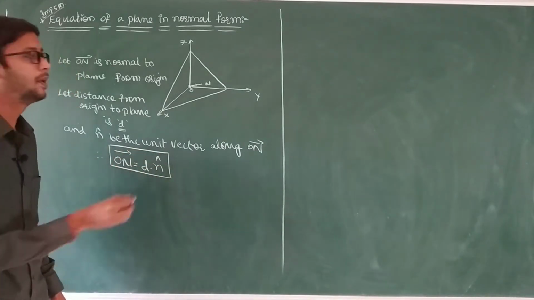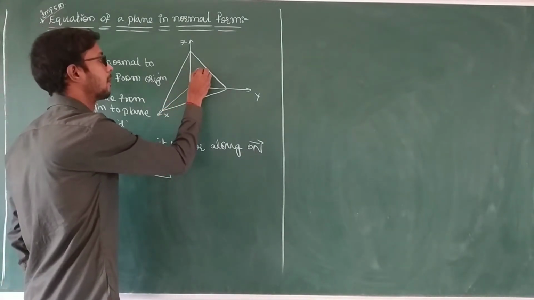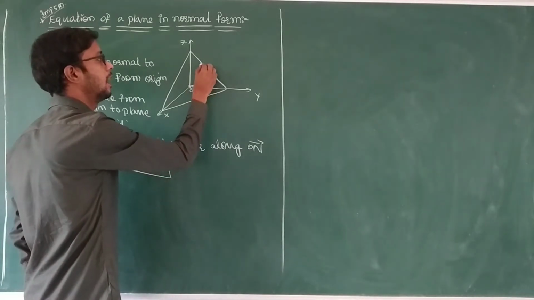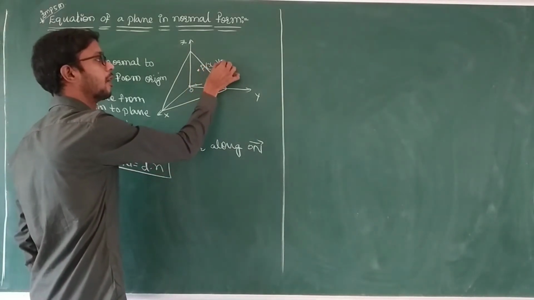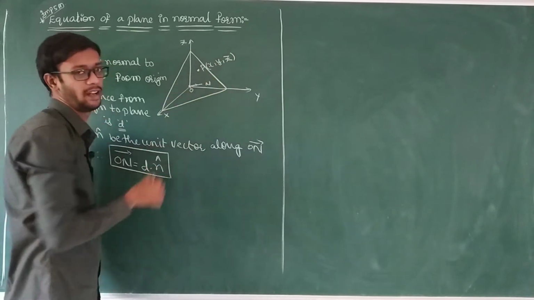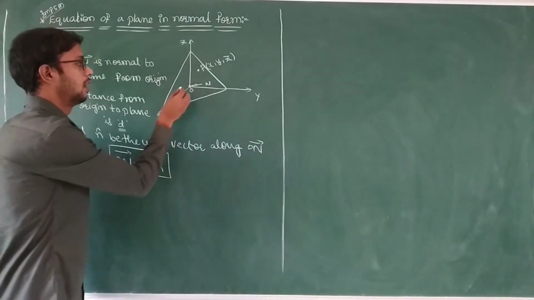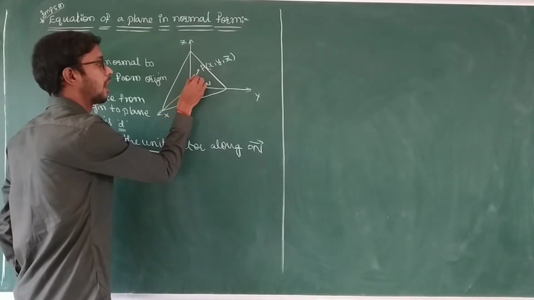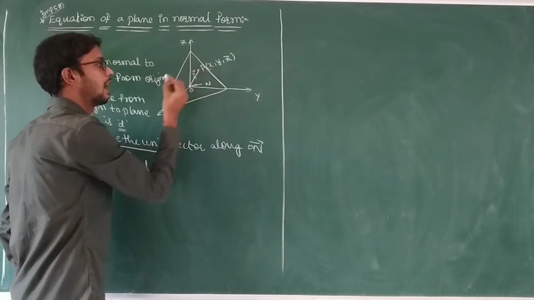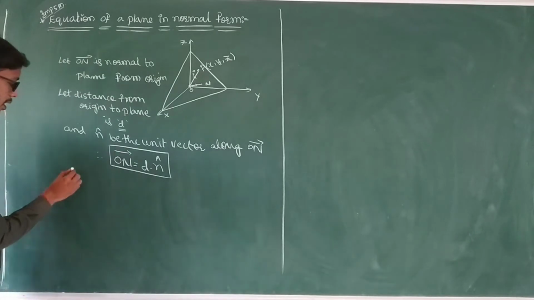Next, let P be any point, an arbitrary point in a plane. In the plane we are taking one point P with the position vector r bar.